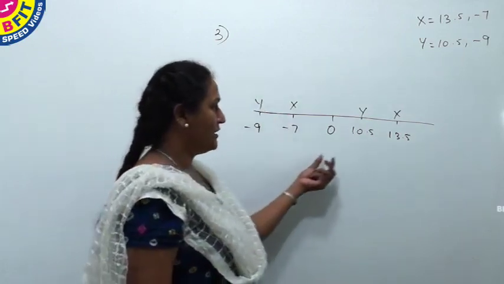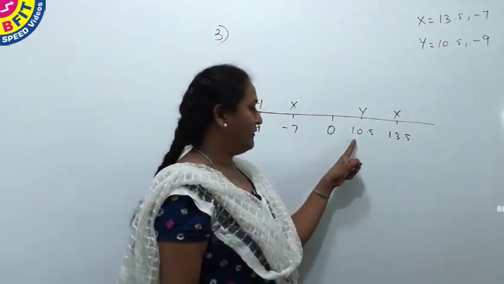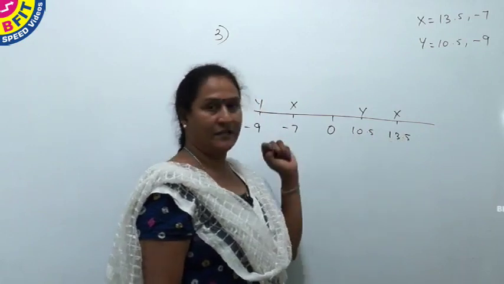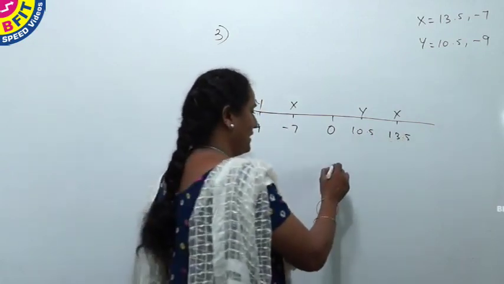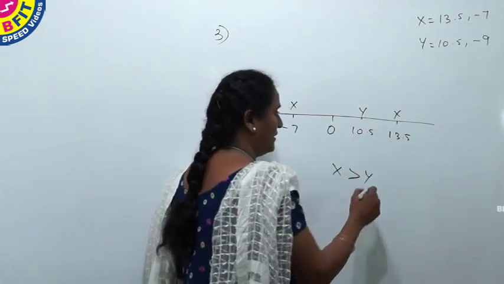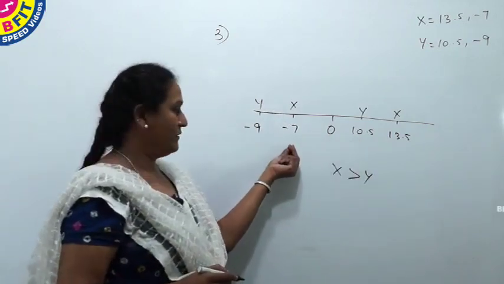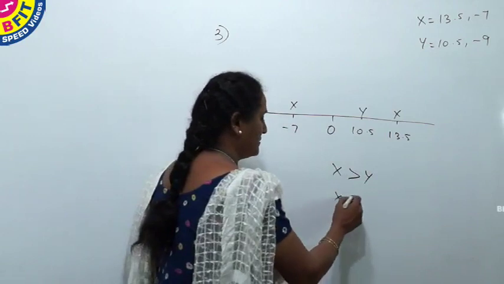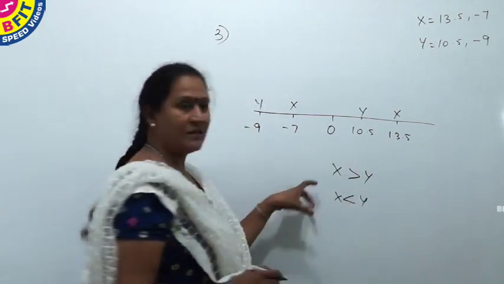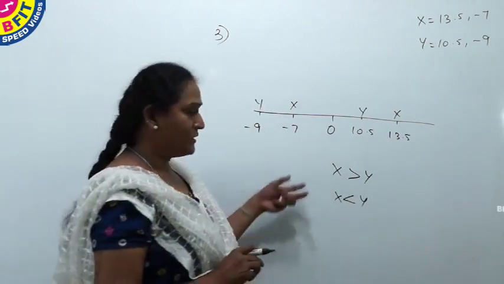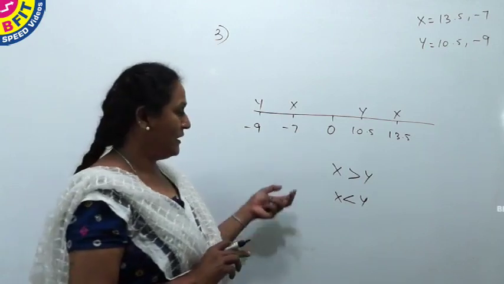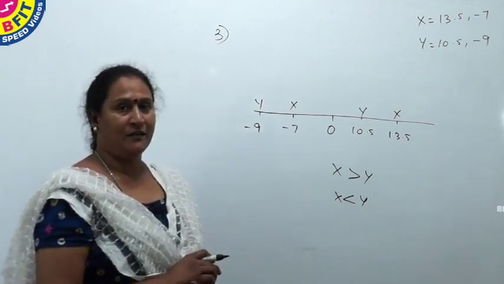So when you check here, x is greater than y: 13.5 is greater than 10.5. So we have x greater than y. And 10.5 is greater than minus 7. So we have x less than y. So there is a contradiction. So it is clearly option E, where the relation cannot be determined.